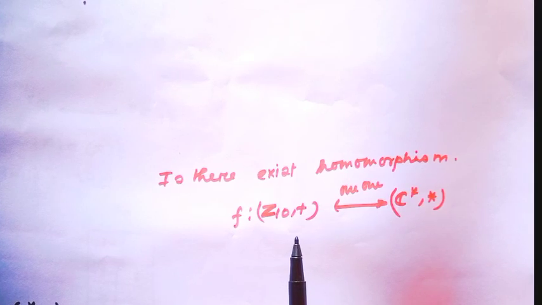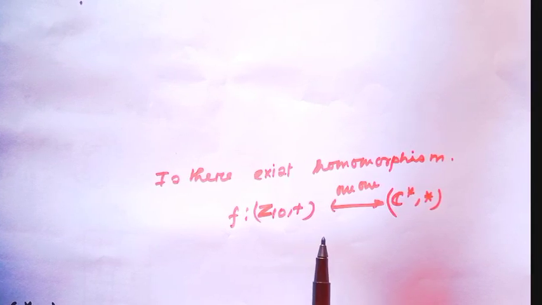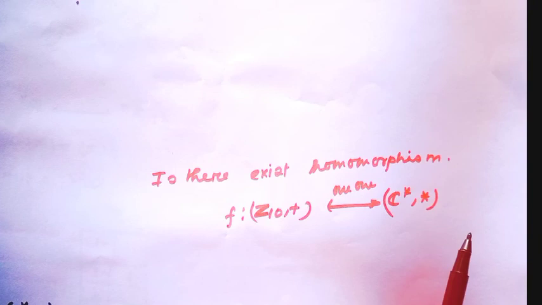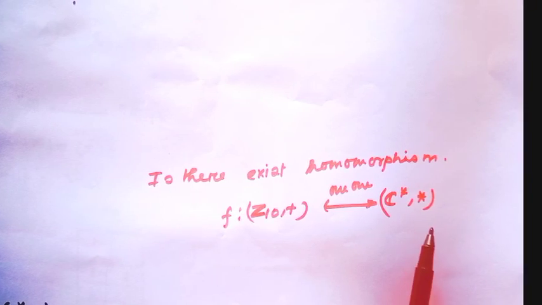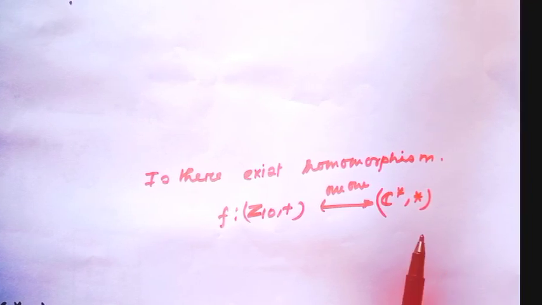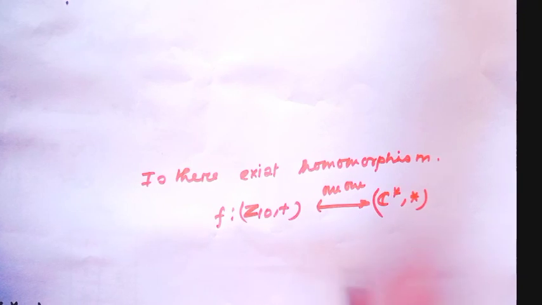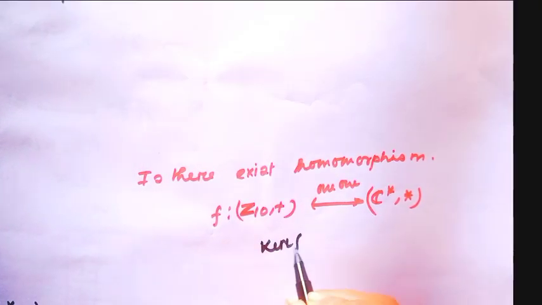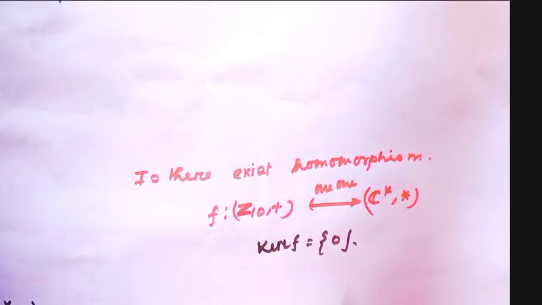Does there exist a one-one homomorphism f from Z10 under addition to C star under multiplication? Here C star is the non-zero complex numbers. Since f is one-one, the kernel of f would always be the singleton set containing 0.